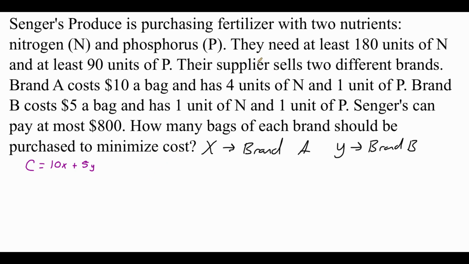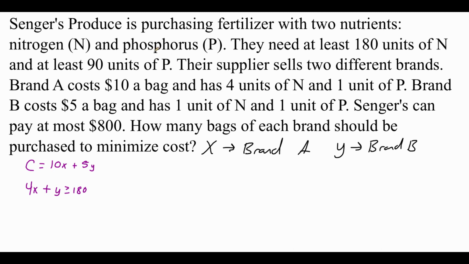Now the first thing that we're told is that we need at least 180 units of nitrogen. Well, brand A gives us 4 units of nitrogen, so I'm going to go 4 times X. Brand B gives us 1 unit of nitrogen, so I'm just going to do 1Y. So when we add up the total amount of nitrogen, we need that to be at least 180 units, so greater than or equal to 180.